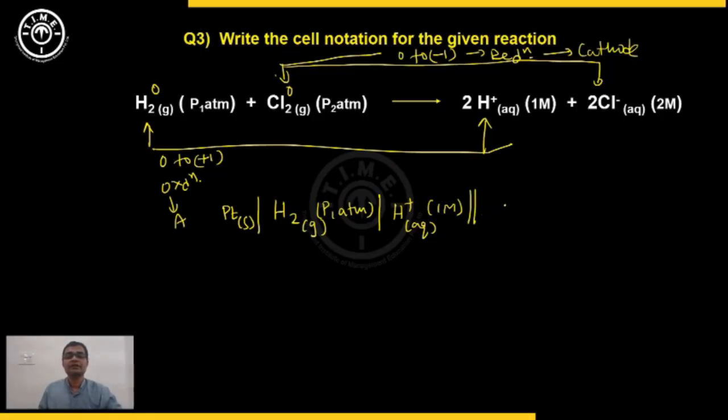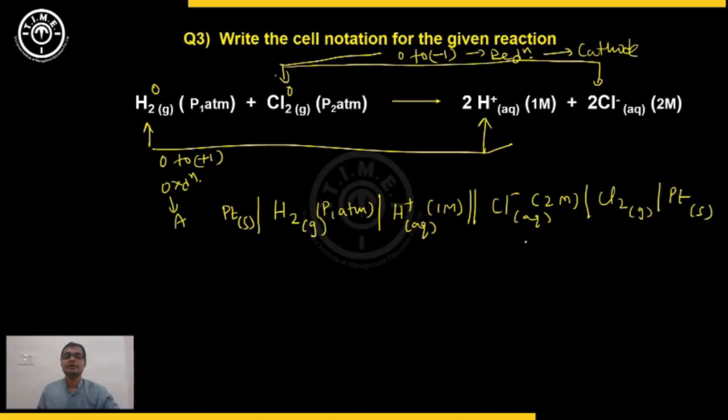Then after here, Cl2 to Cl minus, you should not write here. Here you have to write Cl minus. Okay, Cl minus aqueous. Concentration is 2 molar. Okay, and Cl2. Here it is connected with the inert electrode.